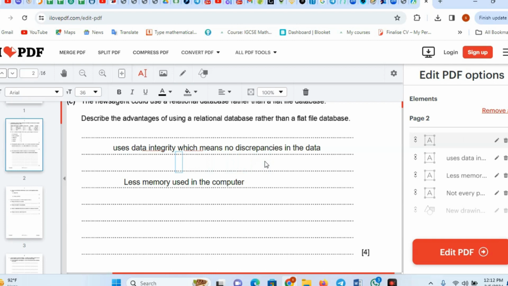Number 3, you only have to input the data once into a relational database.